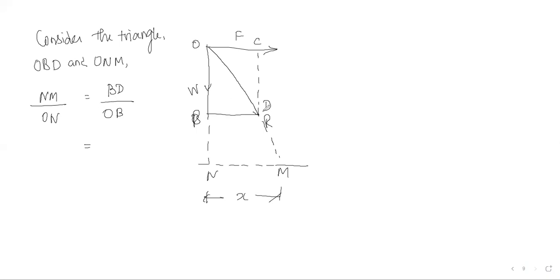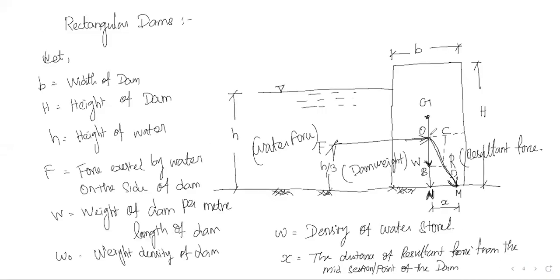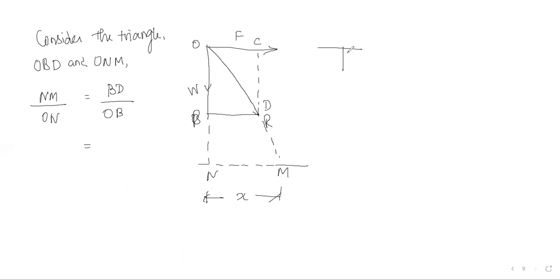This height ON is nothing but h by 3. So NM equals X, ON equals h by 3, and BD is equal to the horizontal force F due to water pressure, and OB is nothing but the weight of the dam due to its material.